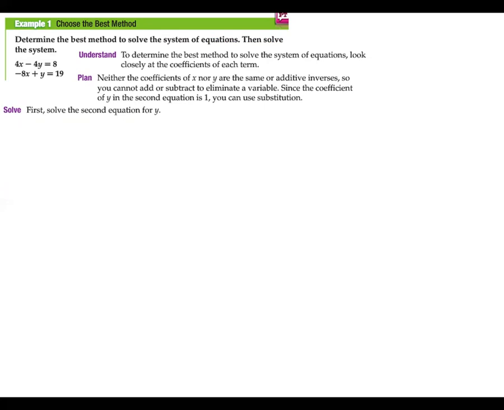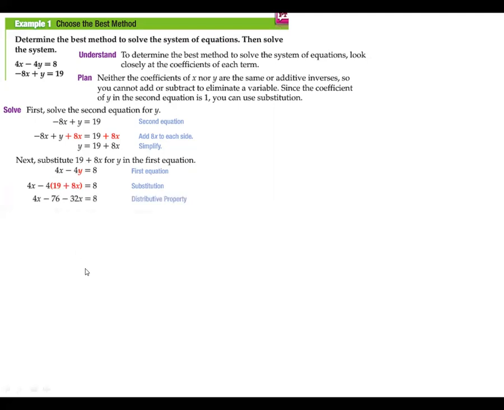Sometimes if you're using elimination and you have to multiply both equations, you might end up with very large numbers that also make it difficult. So you just use whatever you feel more comfortable with. Somebody might have said, I'd like to use elimination with this one because I noticed my y's have opposite signs, and if I multiply the first equation by 2, then I can get the x's to cancel. That could very well have worked, and it would have been right. But we're going to use substitution just to review it.